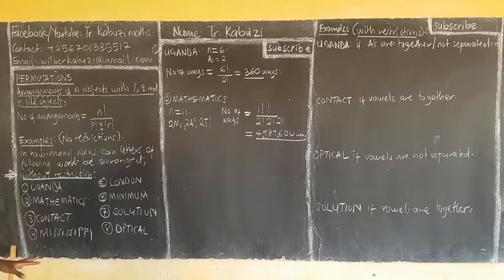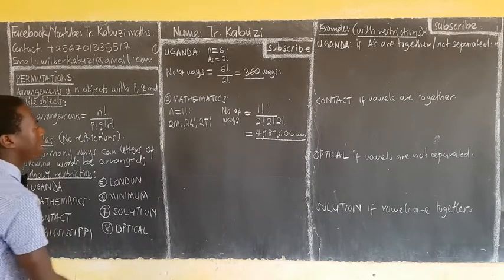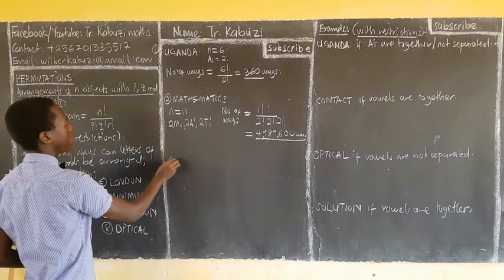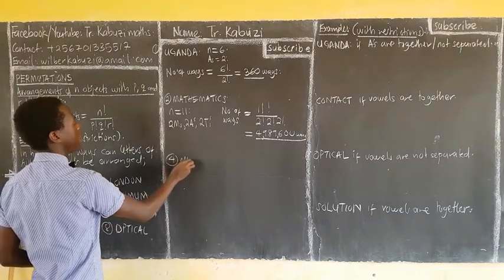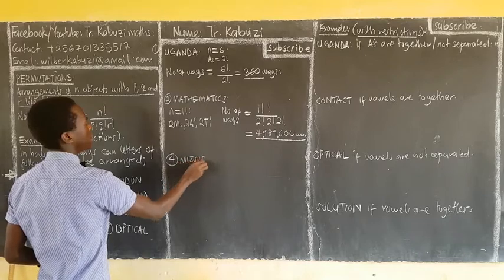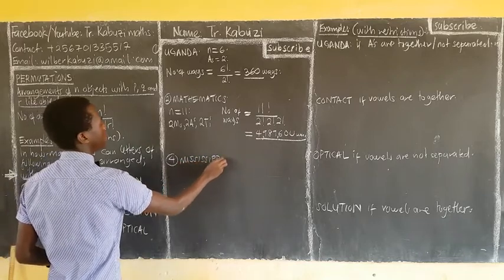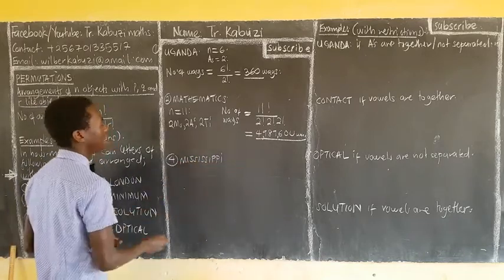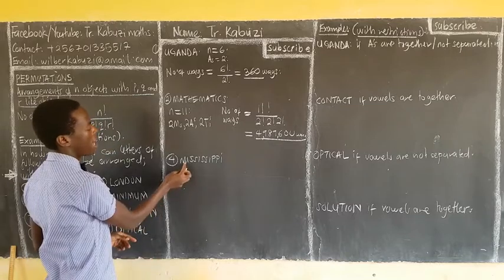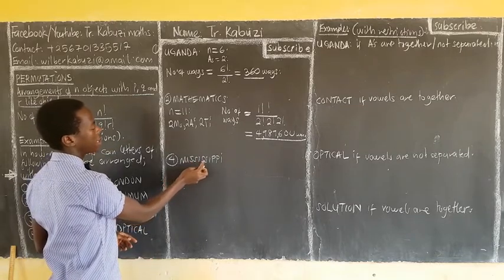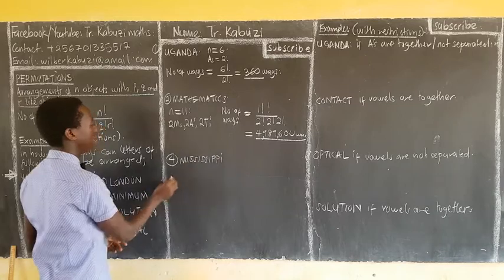Now, let me handle the fourth, that is Mississippi. In Mississippi we have 1, 2, 3, 4, 5, 6, 7, 8, 9, 10, 11, so n is 11.